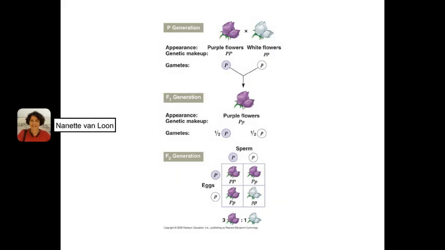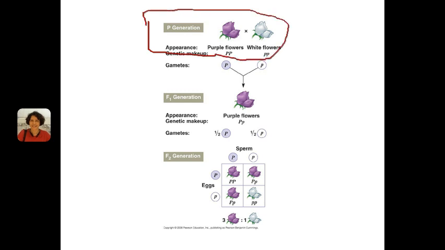Here's another example of such a cross. So in the P generation, the parental generation, we're looking at two true breeding strains. One that has purple flowers and the other one has white flowers. You cross them with each other, and what that means is that they're each going to form gametes, and those gametes are then going to come together in fertilization.